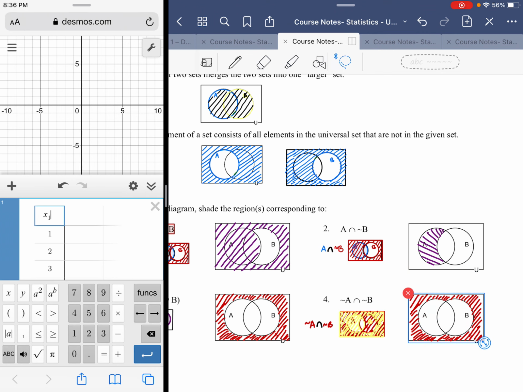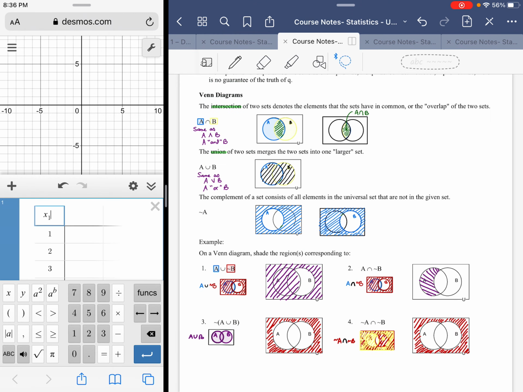So what we just discovered is a nice little relationship that tells us that you could have multiple expressions, even complicated ones, that are equivalent.